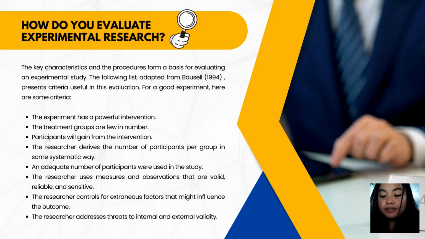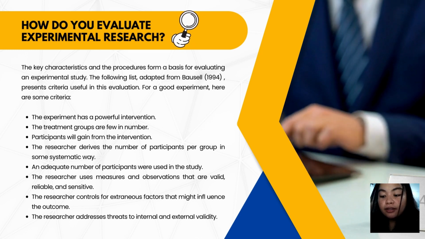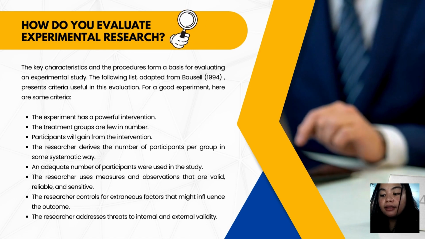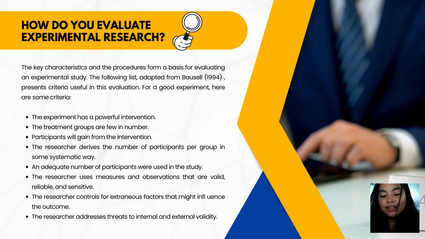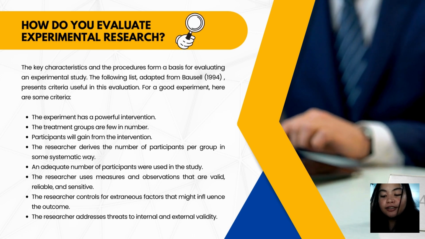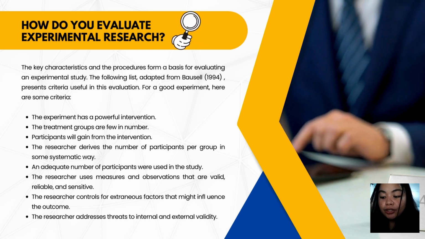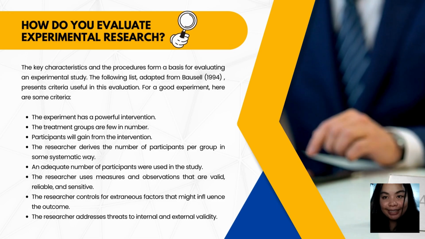Seventh, the researcher controls for extraneous factors that might influence the outcome. And then the last criterion, the researcher addresses threats to internal and external validity.